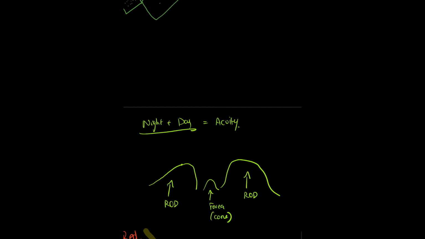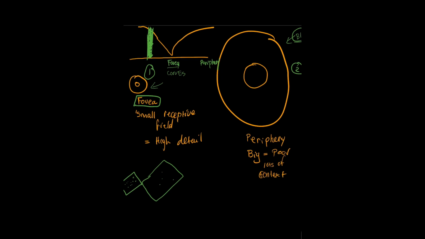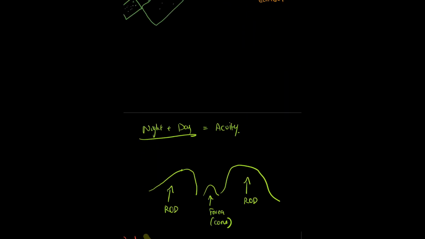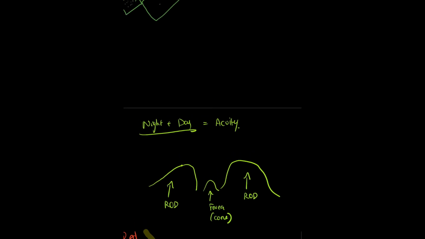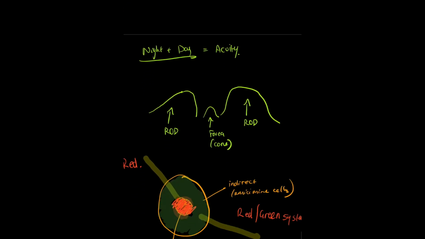What ends up happening is that you'll have the greatest amount of acuity in the rods and a small amount in the fovea, and it's got nothing to do with the size, because remember we've talked about the fovea and the cones having a smaller field, but when they are not online and not working properly, then the rods take over. That's why night vision primarily happens in the rods.